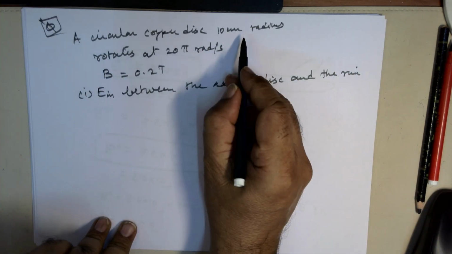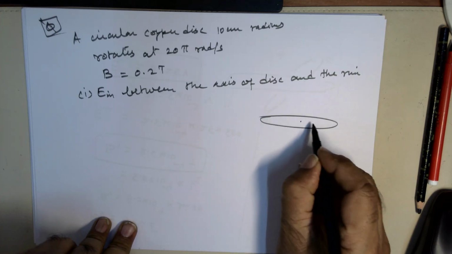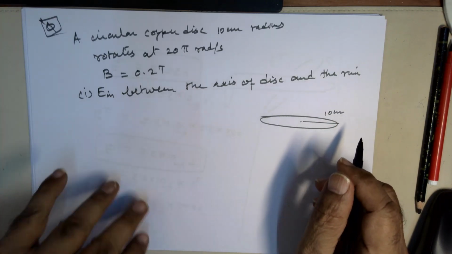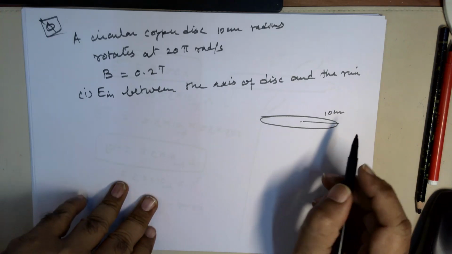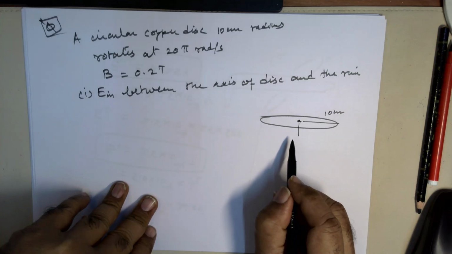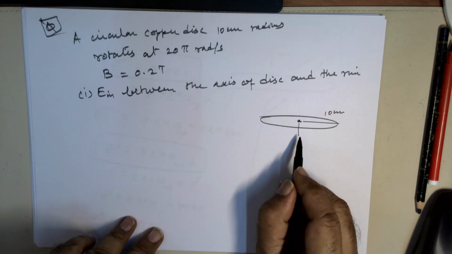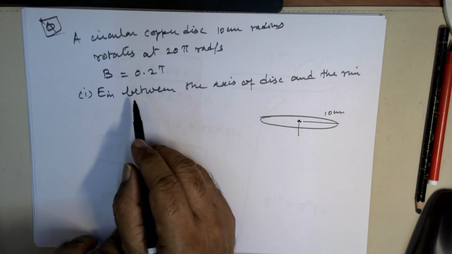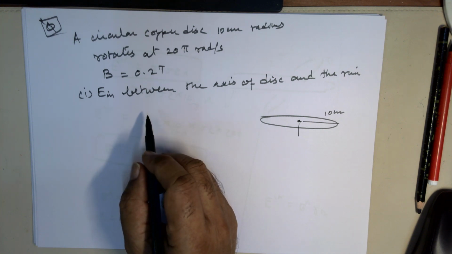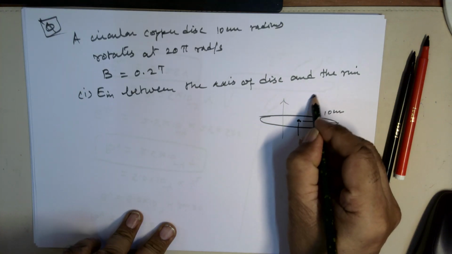Now, a circular copper disc of 10 centimeter radius. You should always be able to visualize any physics question. It is rotating about its axis, so this is the center axis. Now the uniform magnetic field acts perpendicular to the disc, traveling perpendicularly like this.